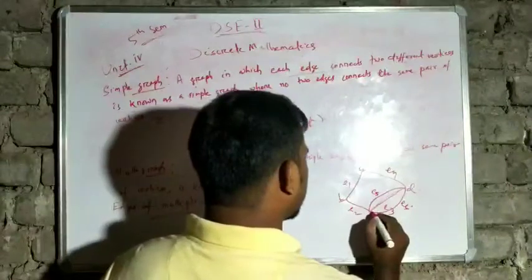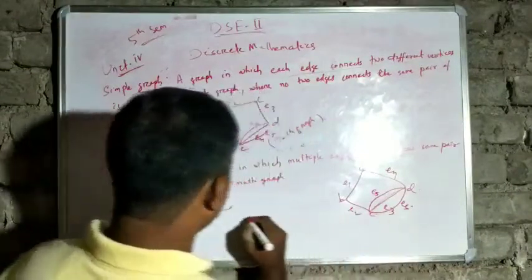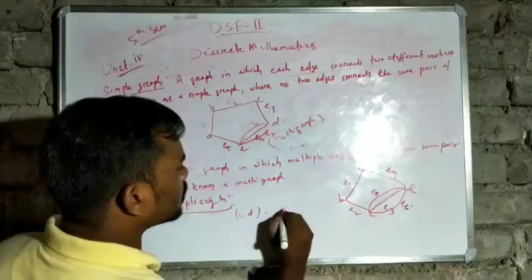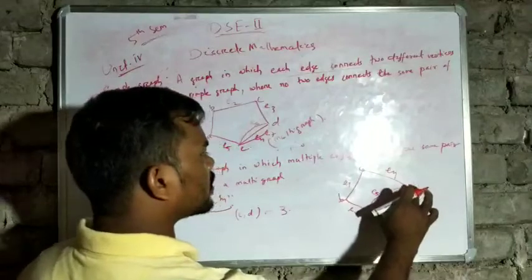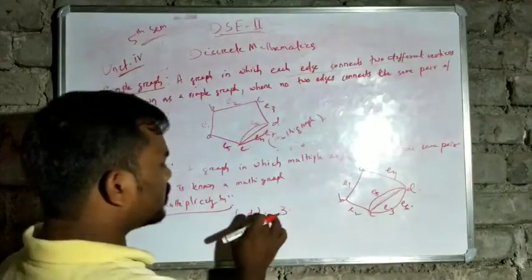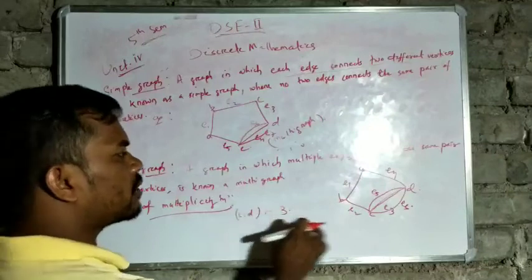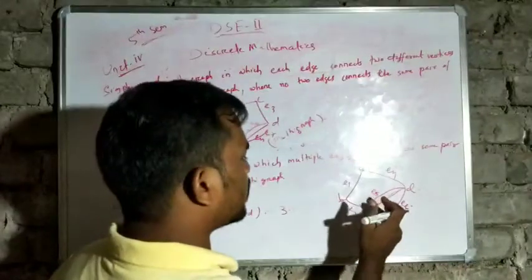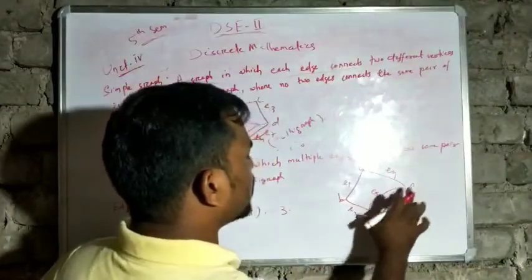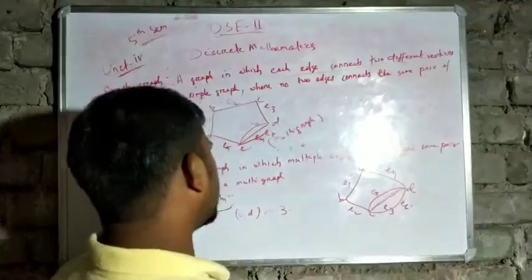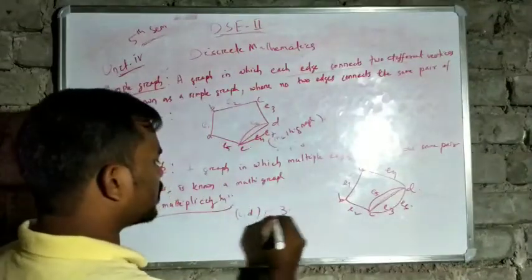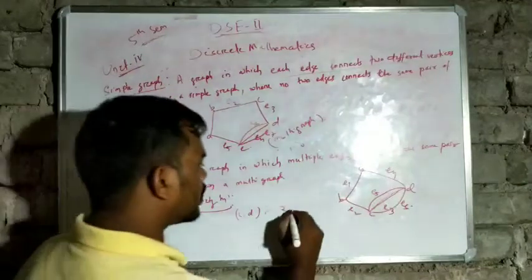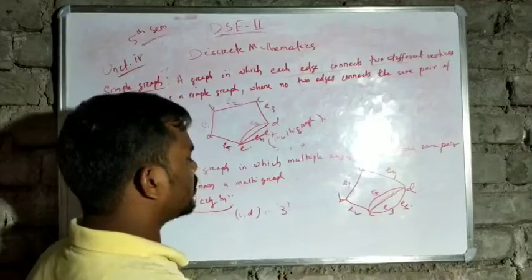Here the ordered pair C, D has multiplicity 3, because the ordered pair of vertices C comma D contains 3 edges, that is, 3 edges have the same ordered pair of vertices, C comma D. So C comma D has edges of multiplicity 3.